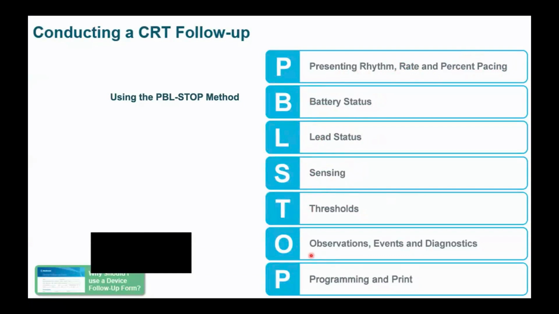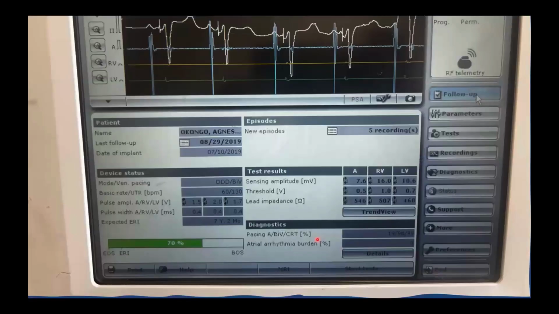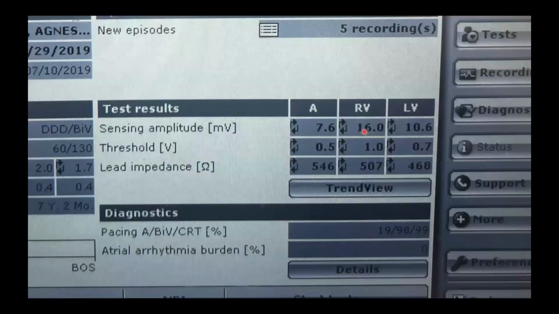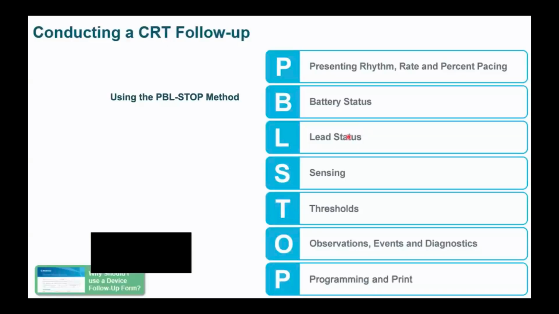We go to the observations or diagnostics box and see if anything has happened. In the previous patient, you'll have noticed there were 5 new episodes. So you would click on that and it would tell us what the device has noticed. And then finally, you'd make the adjustments, program and print the output. This is what they call the PBL stop method.